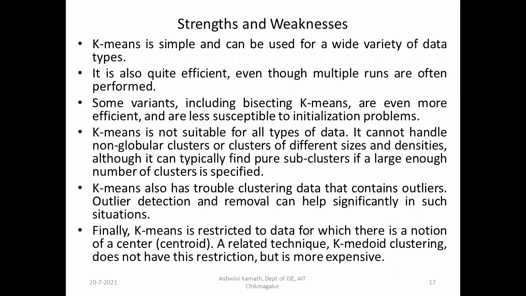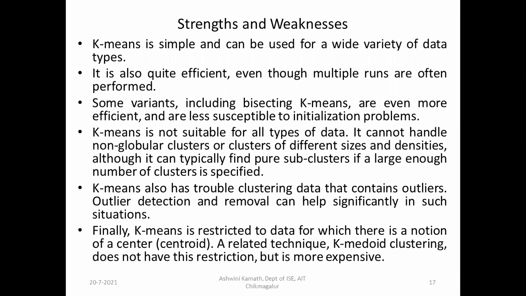For other kinds of data, like document data, we have seen that we have to use cosine values, right? We saw that in the previous class. So K-means is restricted to data which can create a center of the values. A related technique, K-medoid clustering, does not have this restriction, but it is more expensive.